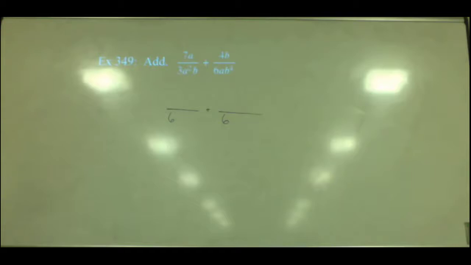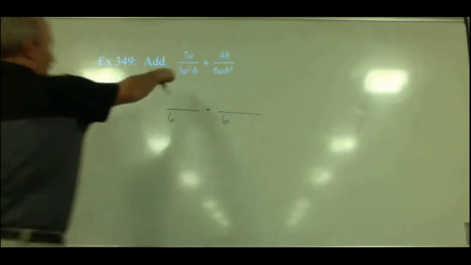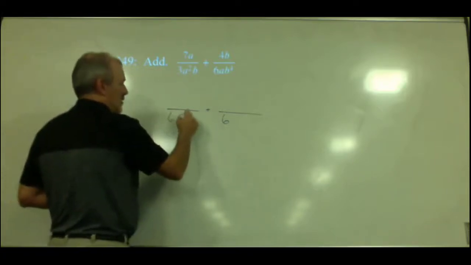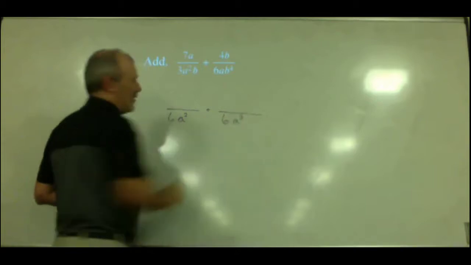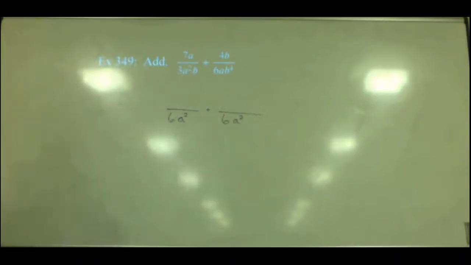Now, what should the A part of our common denominator be? How many A's do we need? Remember that question? What's the biggest number of A's that we have? And you're exactly right. A squared. So we're going to need A squared in our common denominator.